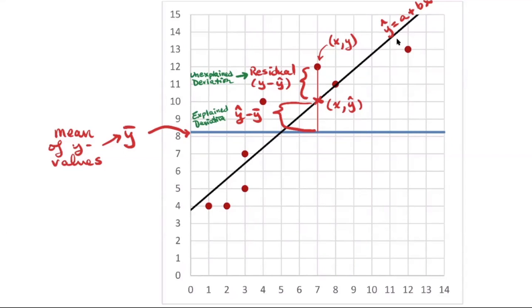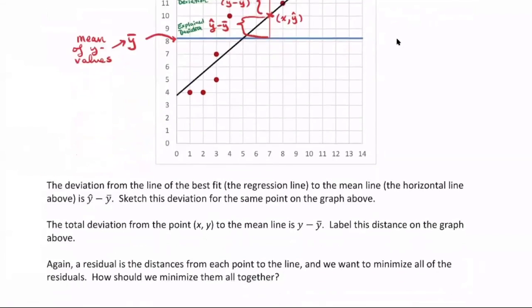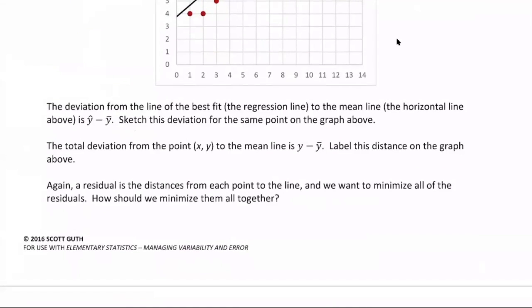Any questions about that part? Real quick, there's another deviation, which is called the total deviation. Total deviation is the deviation from the point x, y to the mean line.